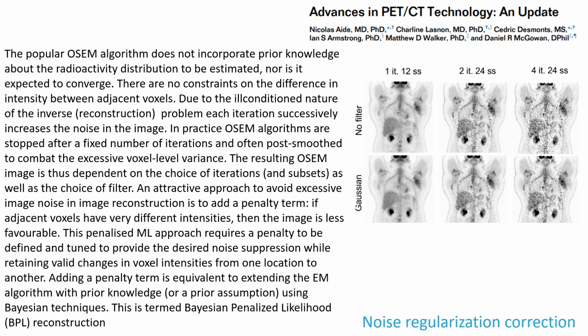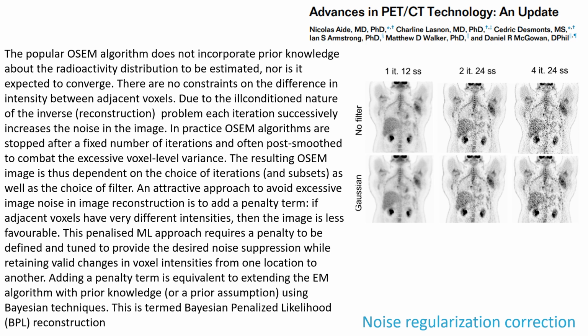An attractive approach to avoid excessive image noise in image reconstruction is to add a penalty term. If adjacent voxels have very different intensities, then the image is less favorable.